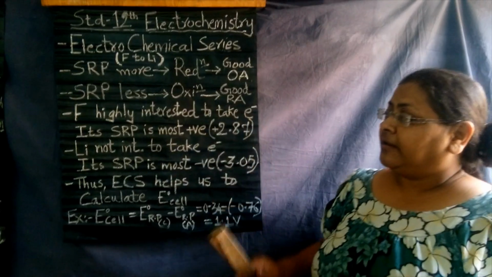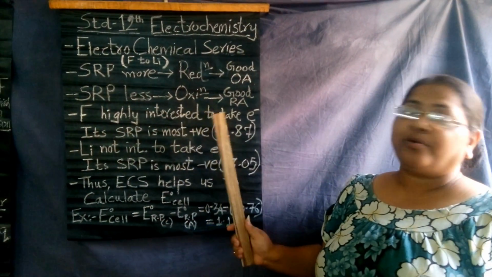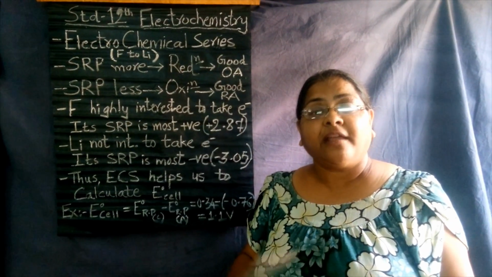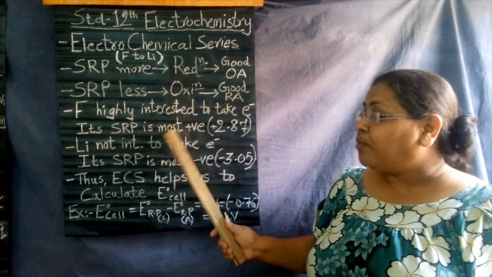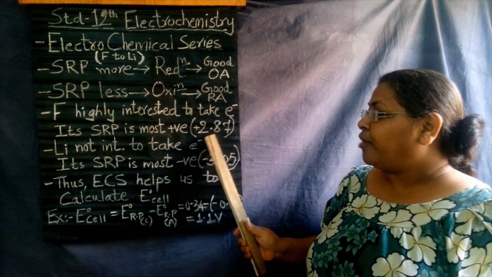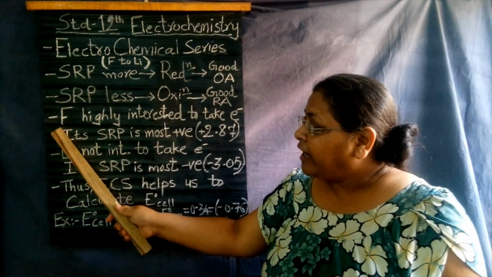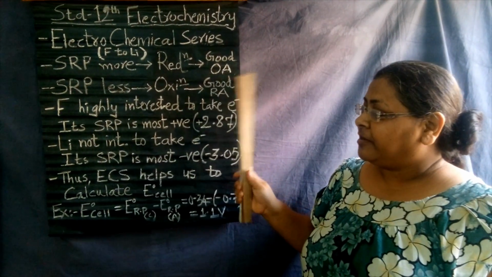Fluorine is highly interested in taking the electron. We know it is highly electronegative. So its reduction potential is most positive, plus 2.87, and so fluorine is considered a good oxidizing agent.